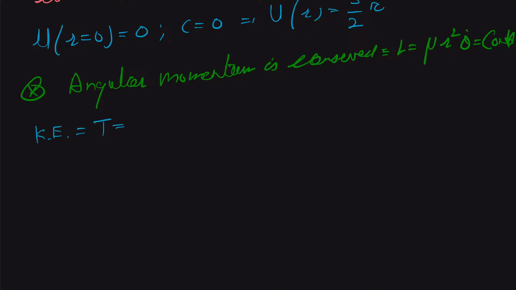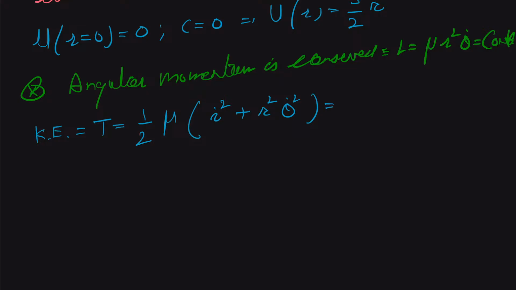Therefore, our total kinetic energy T will be equal to half mass mu and velocity square, which comes as r dot plus r theta dot whole square.